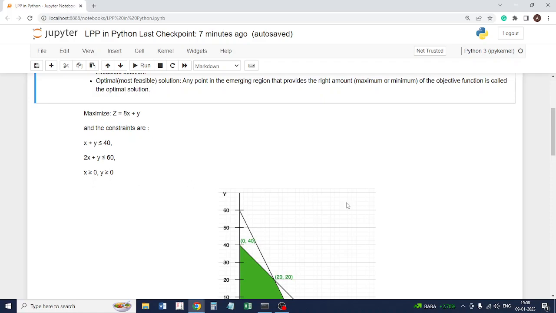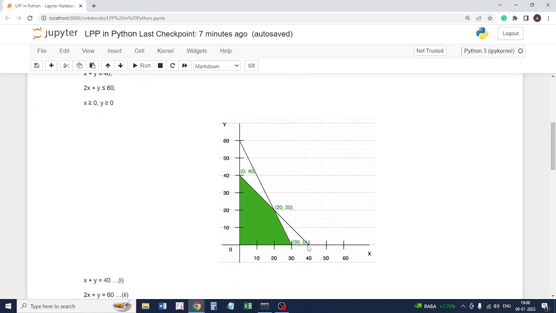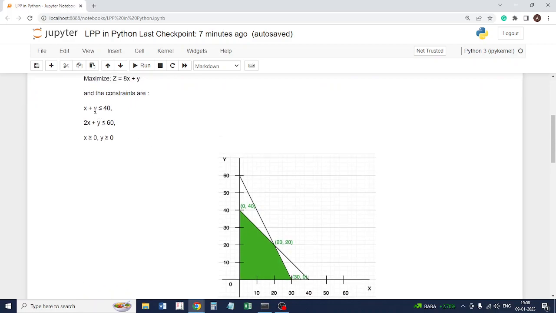If you do a graphical representation, if you replace y as 0, then x is 40. If x is 0, your y is 40, so this is the bound. The second bound comes from the second constraint, where you get y as 60 and x as 30.